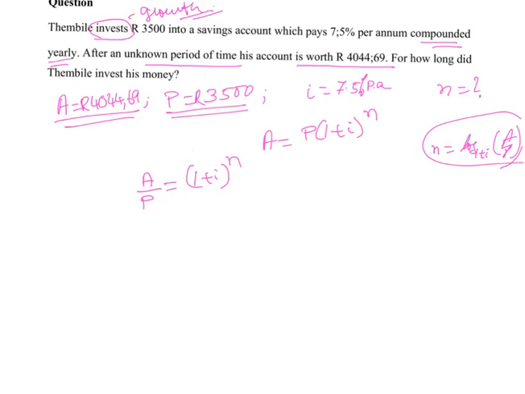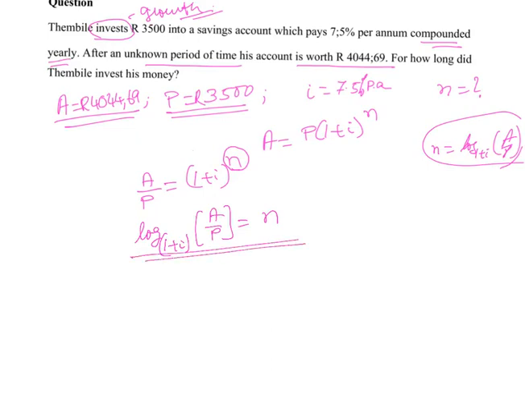As you can see, n is an exponent, and I have to make n the subject of the formula. Therefore, to make the exponent the subject of the formula, I use logarithms. So n is equal to the logarithm, with base (1 plus i), of A over P. So n is now the subject of the formula.